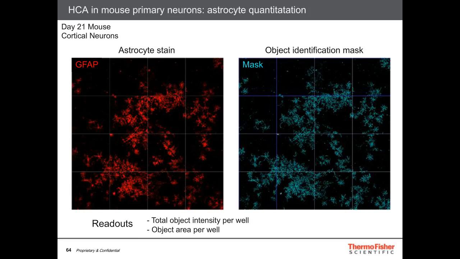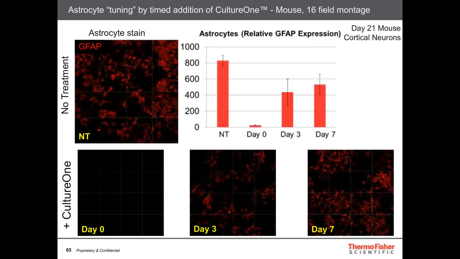So how we did this quantitation is demonstrated here. Your astrocytes generally grow together in little areas, so it's important to do a large number of fields.